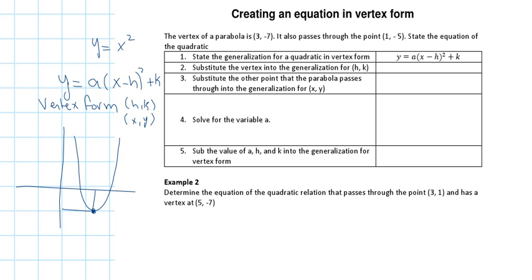Yes? All right. So if I give you this, for example, if I say y equals 2(x minus 3) squared plus 5, can you tell me what the vertex is? 3, 5, right? So the vertex is (3, 5).